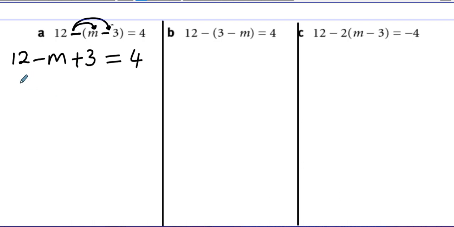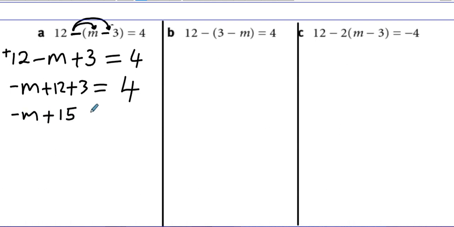Collect like terms. This will be negative m, then this is positive 12 plus 3. I'm trying to put like terms together. That will be equal to 4. So 12 plus 3 is 15. So that will be negative m plus 15 equals 4.